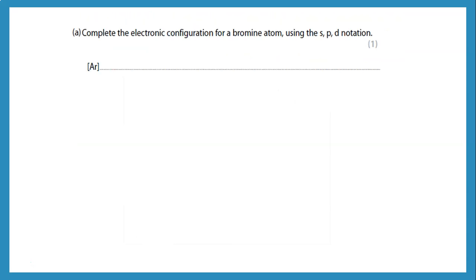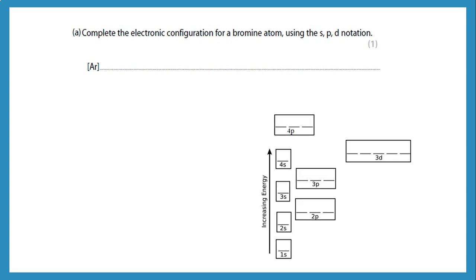Okay, complete the electronic configuration for a bromine atom using the SPD notation. Remember, bromine has 35 electrons. Now, again, how do we distribute electrons? It's 1s, 2s, 2p, 3s, 3p, 4s, 3d.